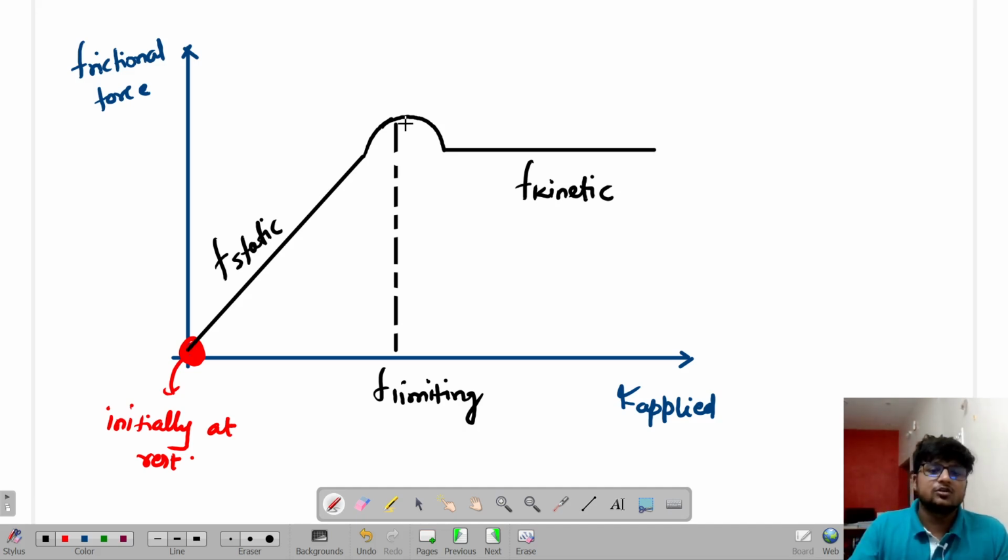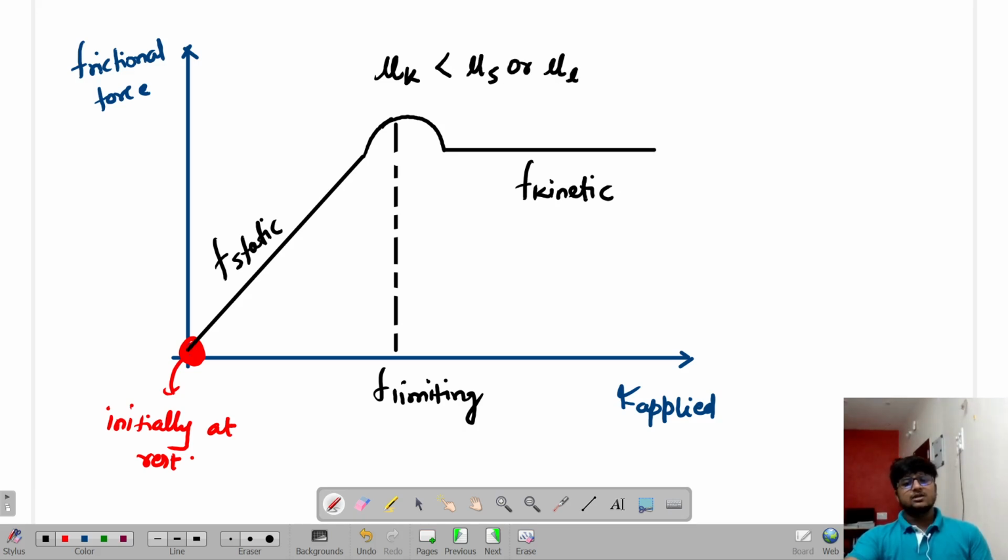This is why we draw a dip over here. Is that clear or not? This is appearing because mu k is always less than what? Mu s. Are you able to get me? Clear? Yes, sir.